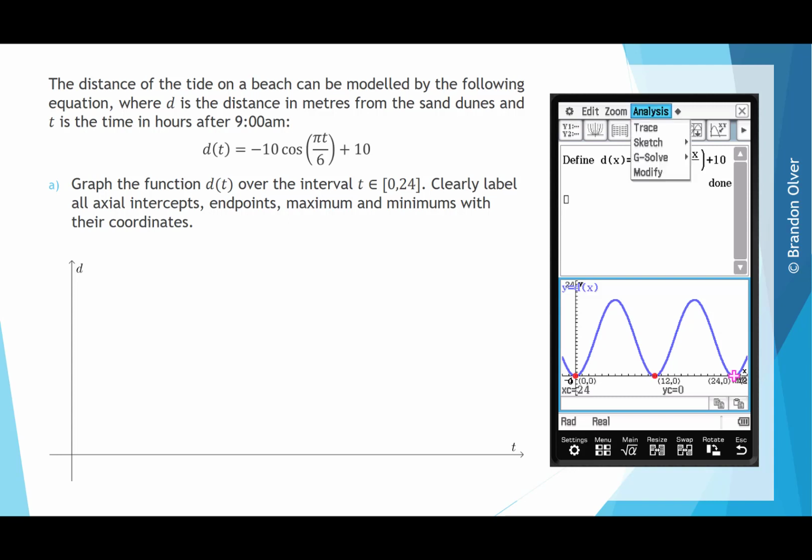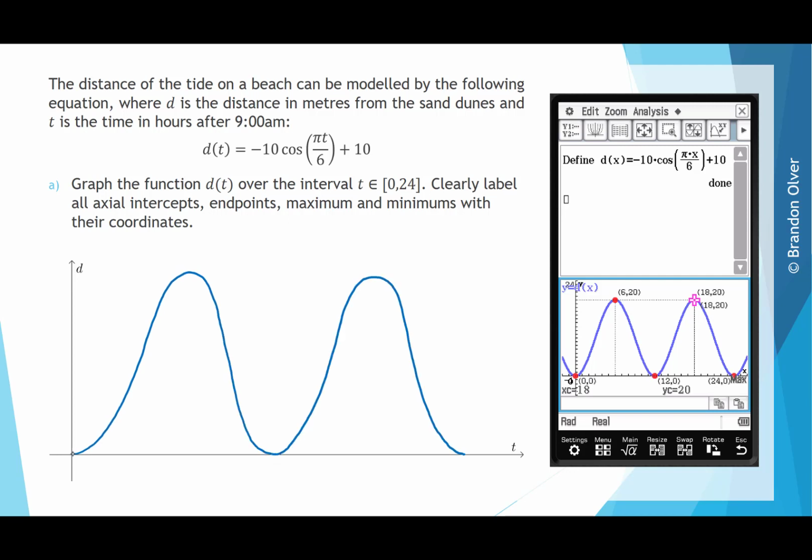Next, we can use analysis G-Solve max to find the two maximums that are at (6, 20), and if we tab across, the other one's at (18, 20), and hitting execute locks those points on. So from the CAS calculator, we can see that our graph has this shape. And then we used the analysis G-Solve tools to find that this point was (0, 0).